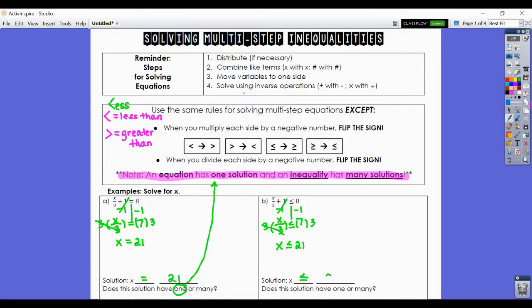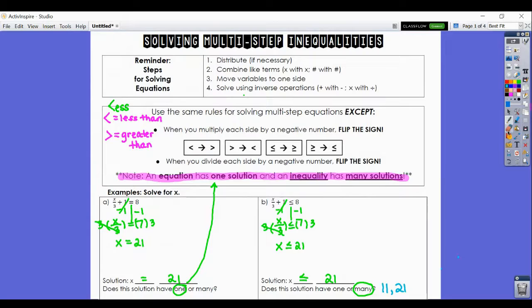The most important difference between example B and example A is that this one has many solutions. Some solutions, for example, would be 11 because that's less than 21. We also could put 21 because of the equal to underneath. We couldn't put like 30. That would be greater than. So we have to do any numbers below or equal to 21 as our solution.